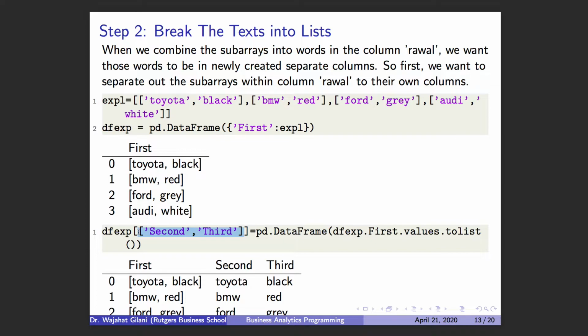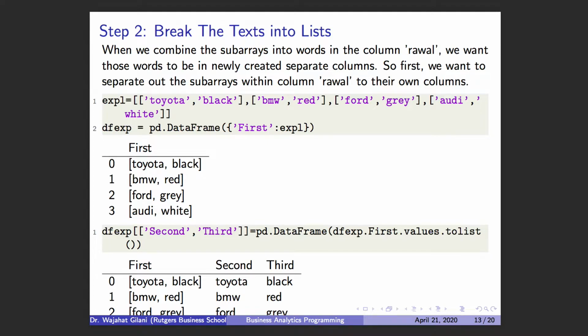The values I converted into a list are broken up using this command and sent to each one of these columns, the second and third. So when you're done, after you run this line of code, your table will have the original first column, now the second column, and this new third column. Do you see that?